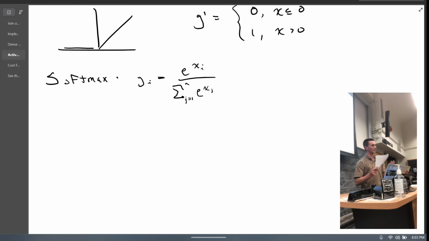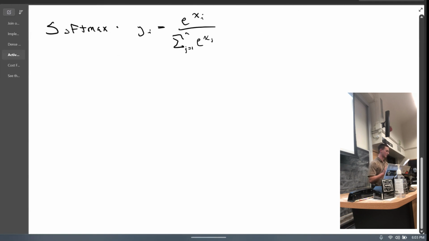And finding the derivative of this one takes a little while. So I'll just write it down and you guys can take my word for it.